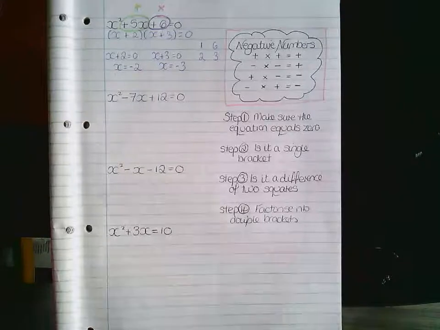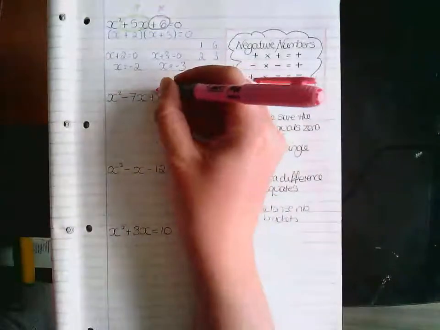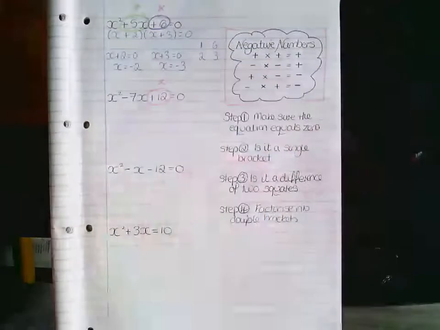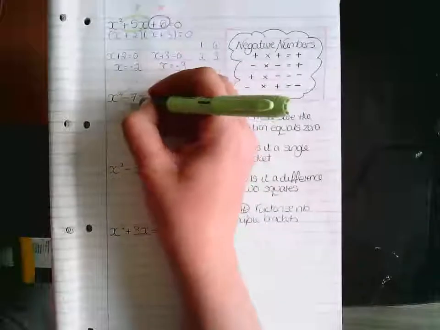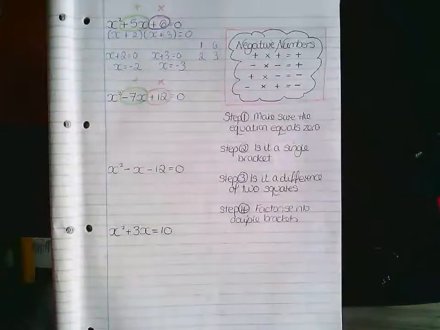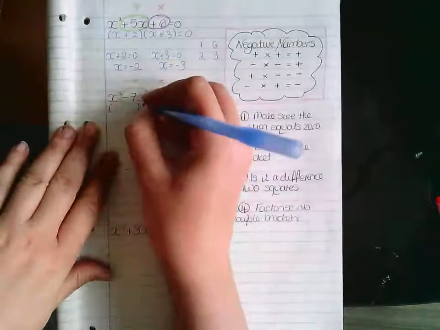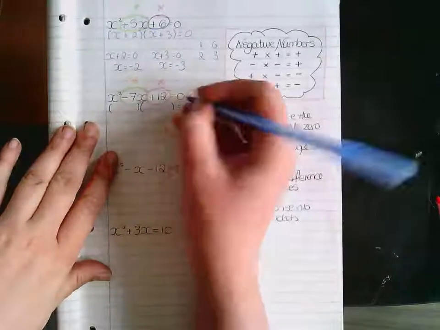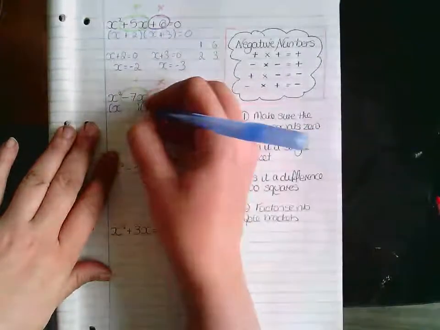So the next one, I always look at the number at the end first. So I'm looking to multiply to make 12, but this time add to make negative 7. Okay, so I'm going to get my 2 brackets ready. And I'm going to put the x in the front of both.